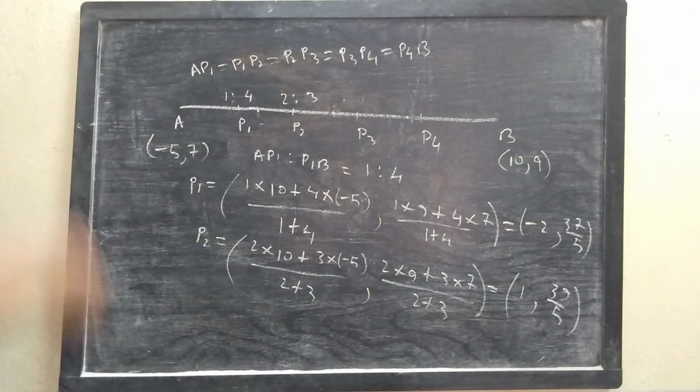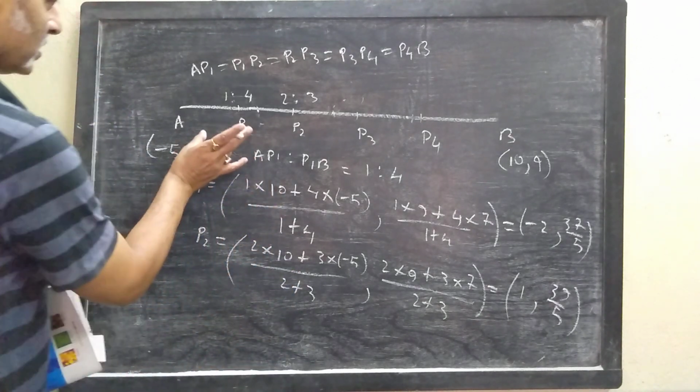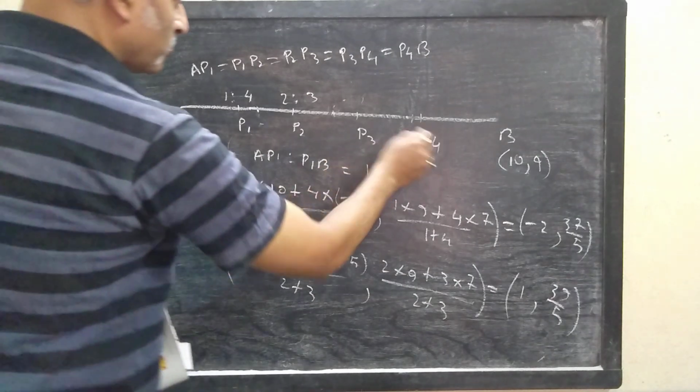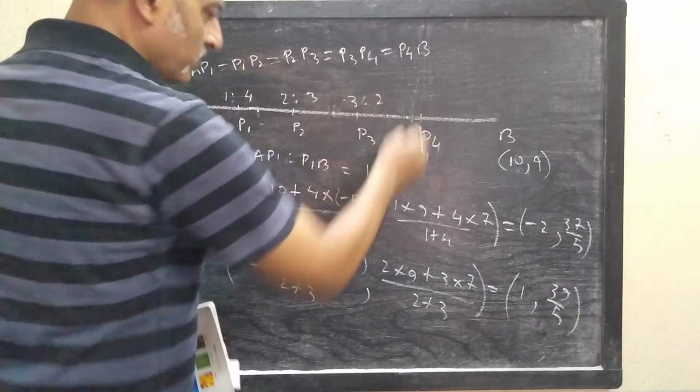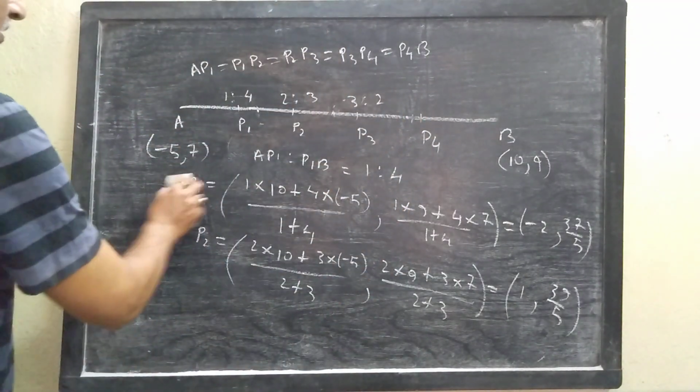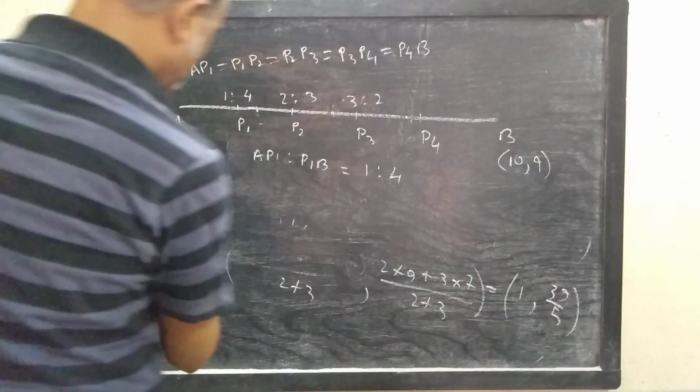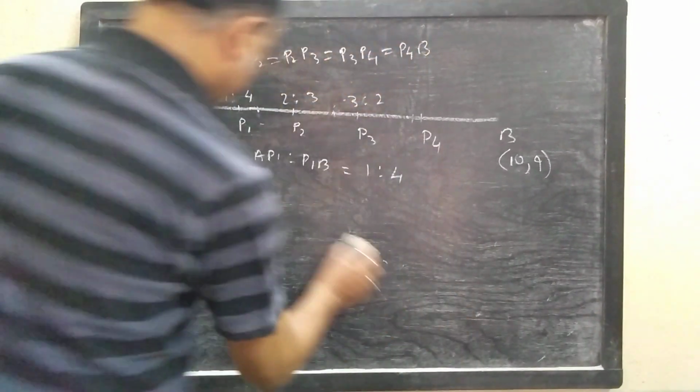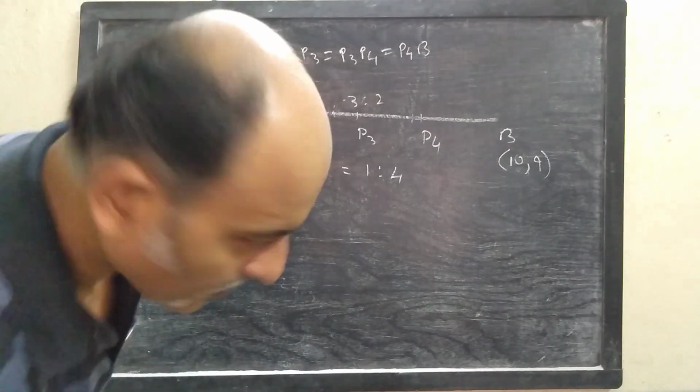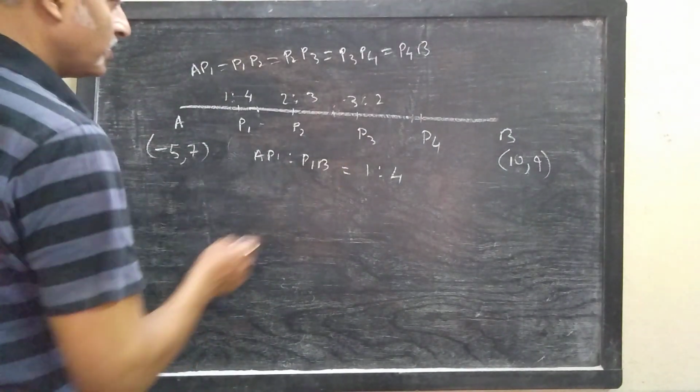We got P1, P2, then P3. In case of P3, here are 3 parts, 1, 2, 3, here are 2 parts, so the ratio will be 3:2. So what will be the coordinates of P3?